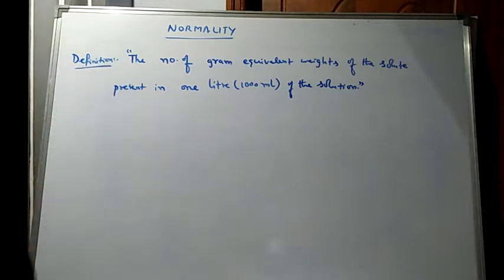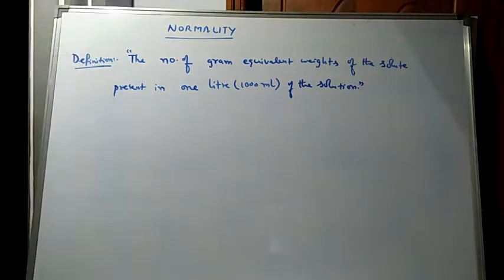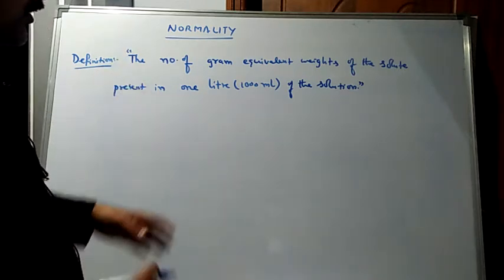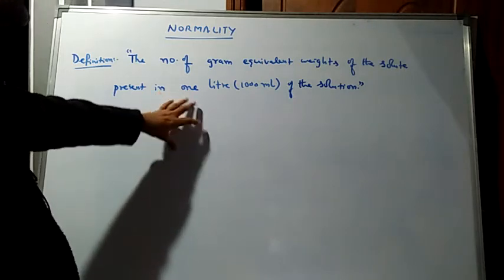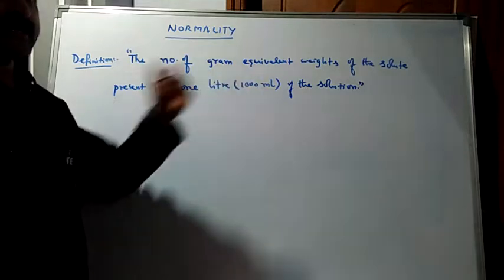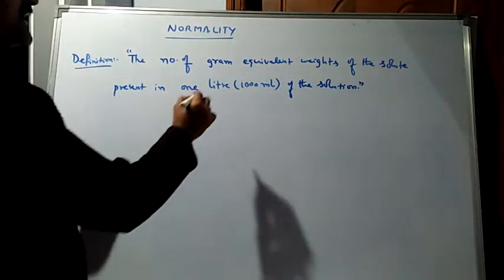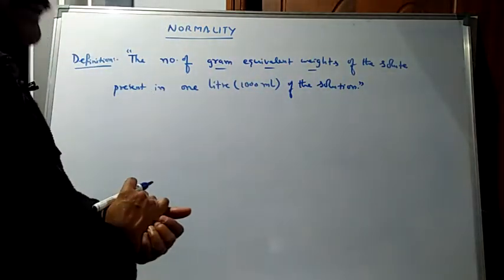Let us see the definition once again clearly. That is, the number of gram equivalent weights of solute present in 1 liter of the solution. Here normality is a little different from molarity and molality, because we are mentioning gram equivalent weights, a new thing we are introducing.